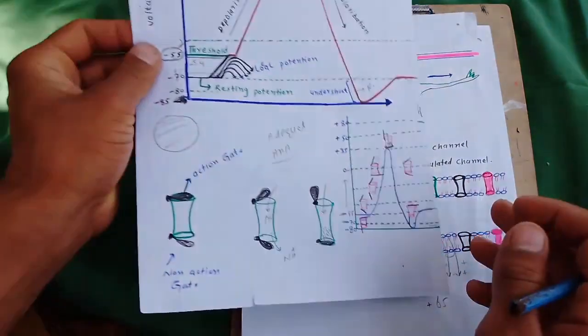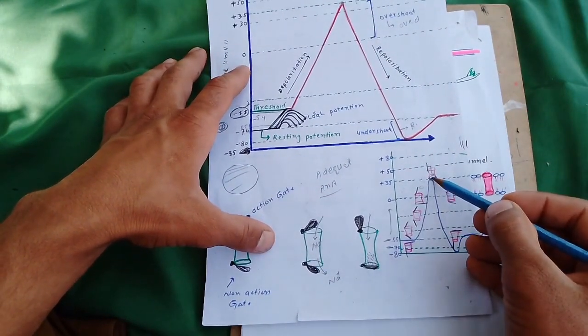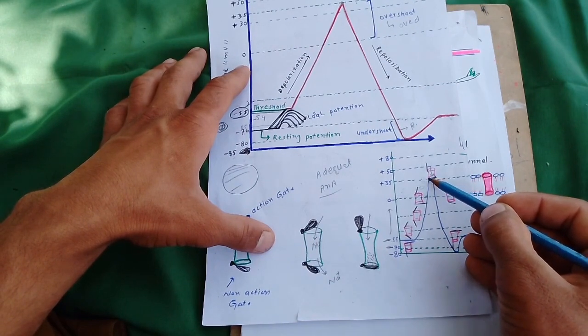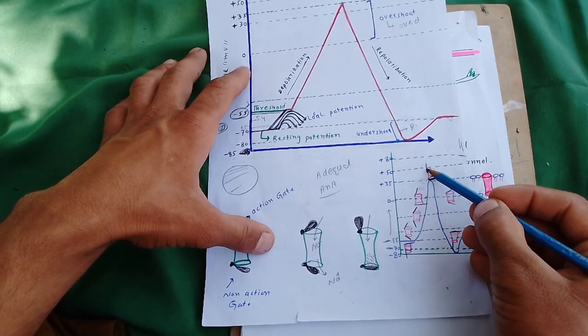How does this phenomenon occur? As we know, when the depolarization reaches up to this point, this gate is completely closed, while this gate is completely open.